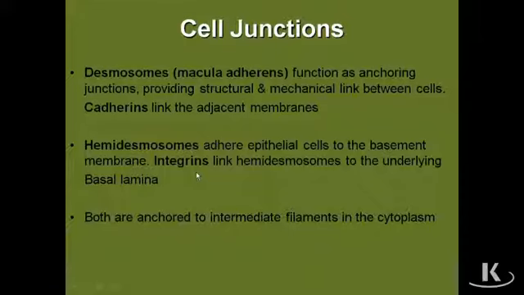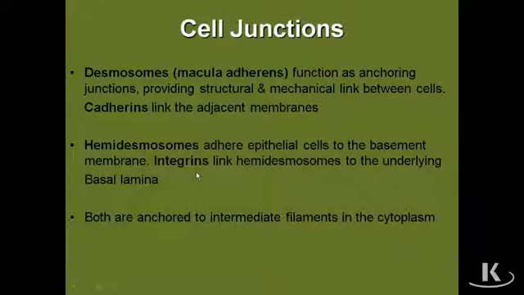And then desmosomes. Desmosomes, synonym for them, form spot junctions, also known as macula adherens. They help maintain the structural integrity of an epithelium by providing a mechanical link between the cells. Cadherins here as well link the adjacent membranes.